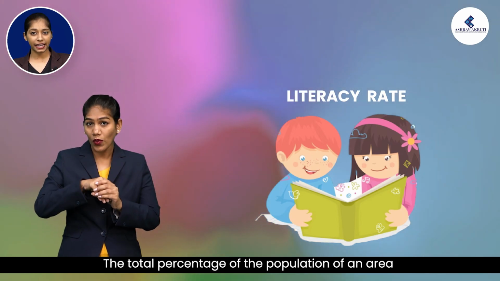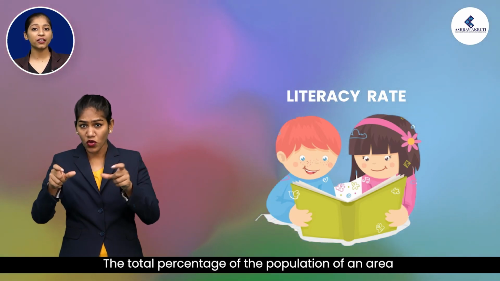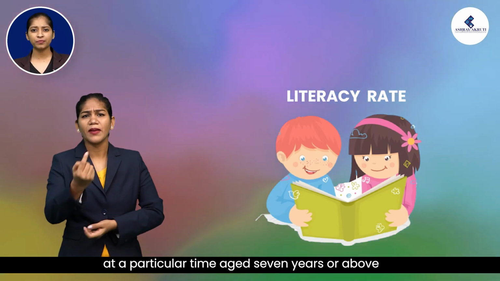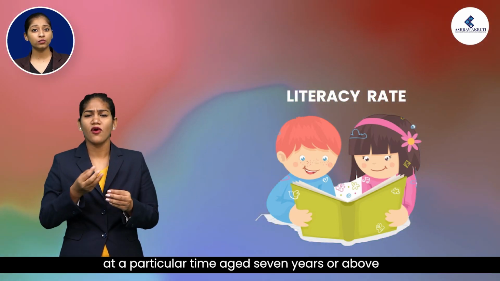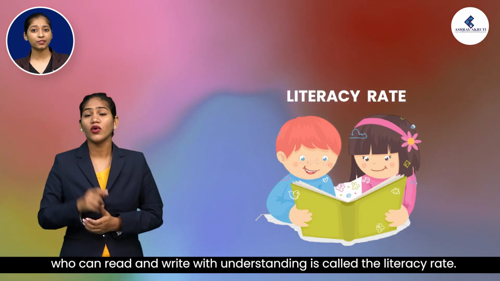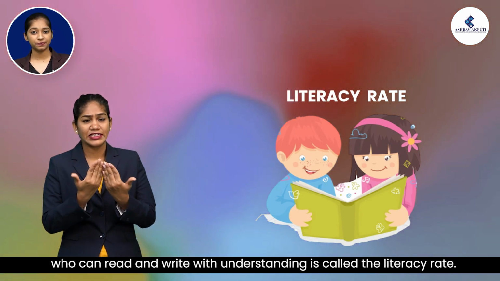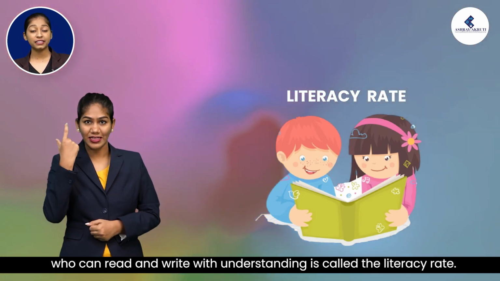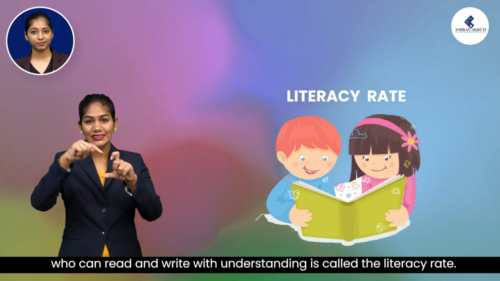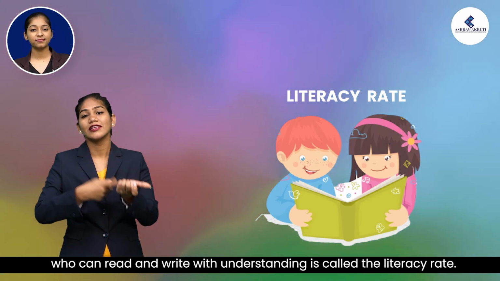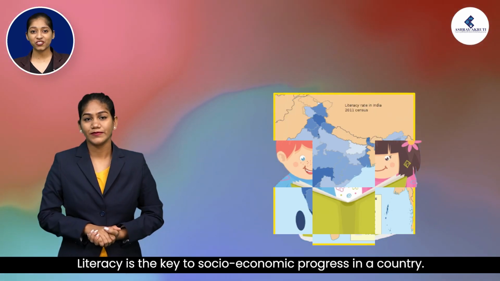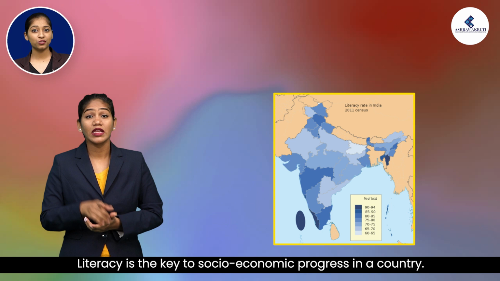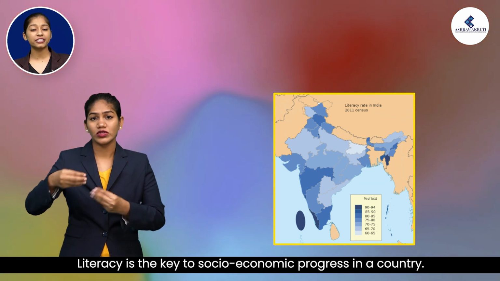The total percentage of the population of an area at a particular time aged 7 years or above who can read and write with understanding is called the literacy rate. Literacy is the key to socio-economic progress in a country.